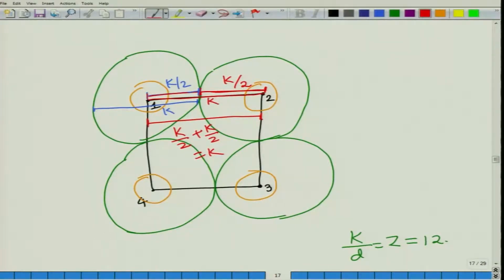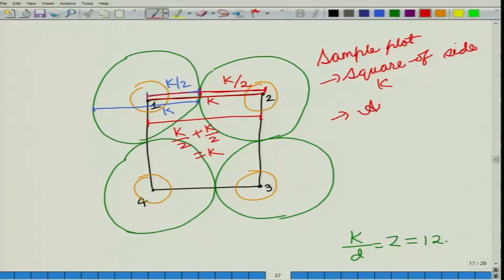Now consider this area of k by k. Let us consider this square to be our sample plot. So, we have a sample plot that is square of side k, so the area is equal to k square. Now, in this k square area, what is the number of trees that are there?